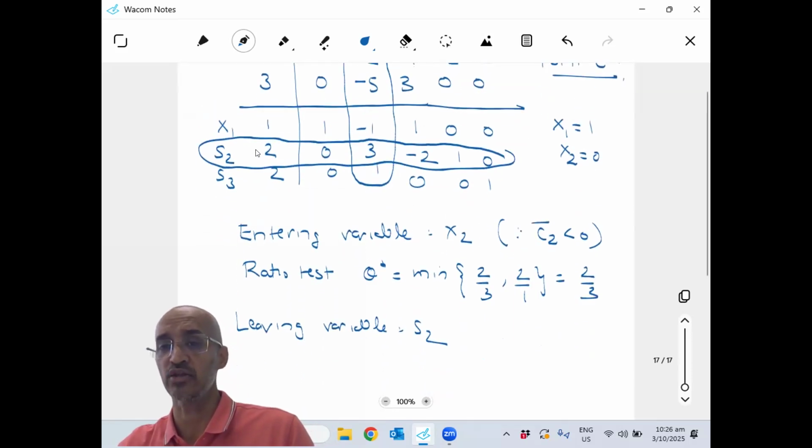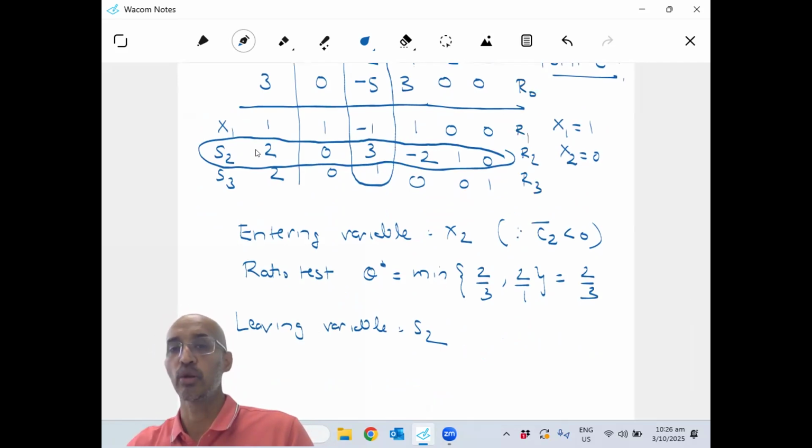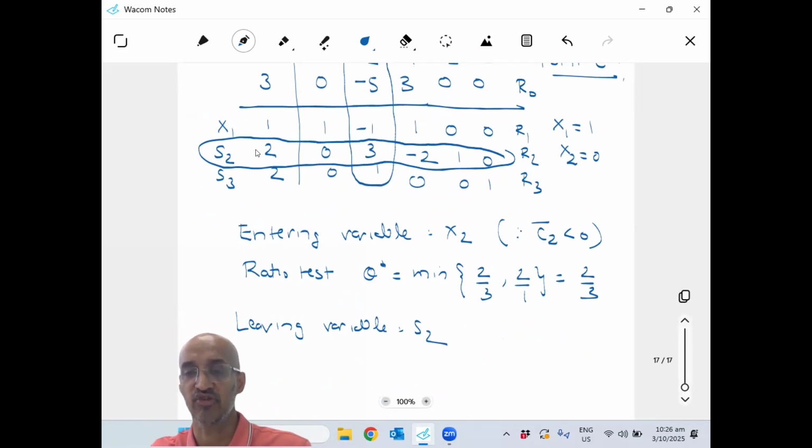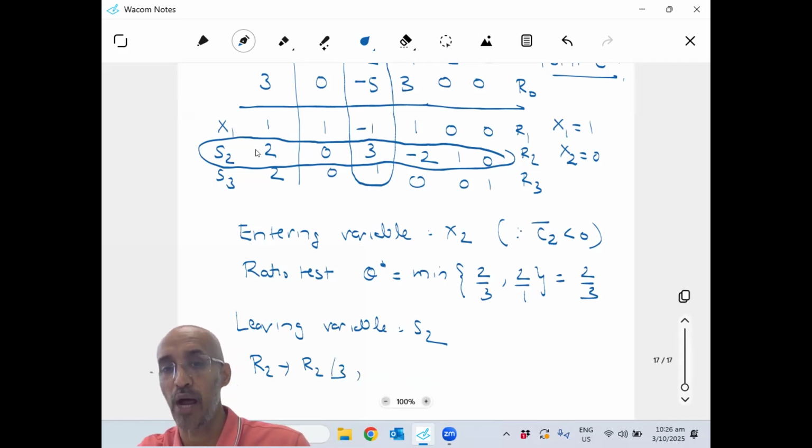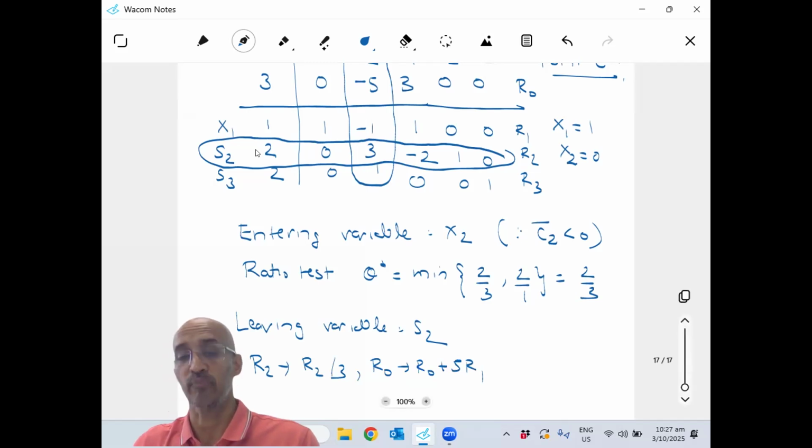Now we do row operations. Again, there is row 0, row 1, row 2, row 3. You repeat. So for example, let's first just transform row 2. You make it a 1 here, so you divide by 3. Once I make this a 1, now row 0 will be row 0 plus 5 times row 2, because it's now become a 1.